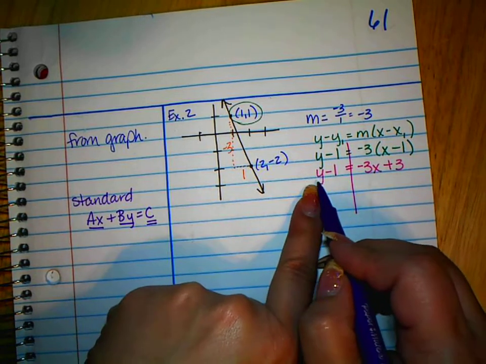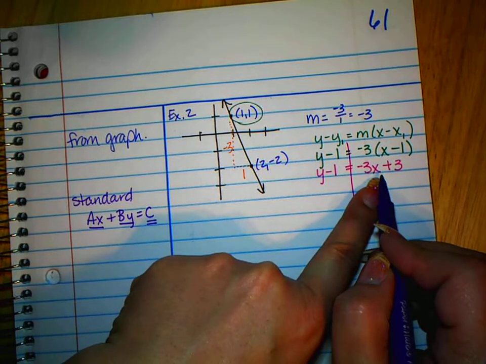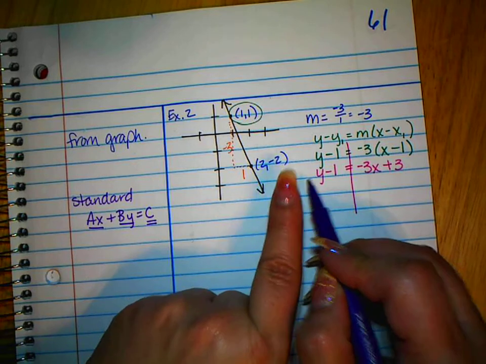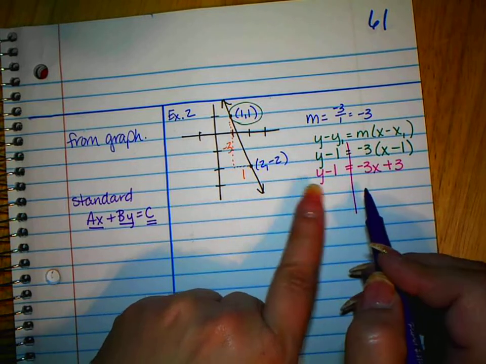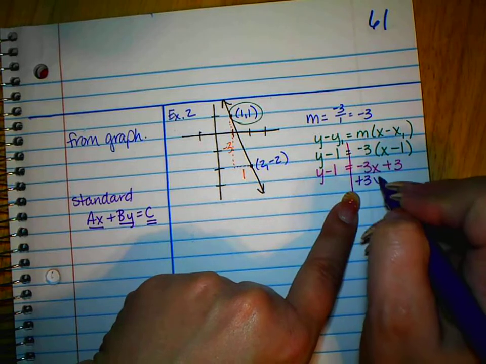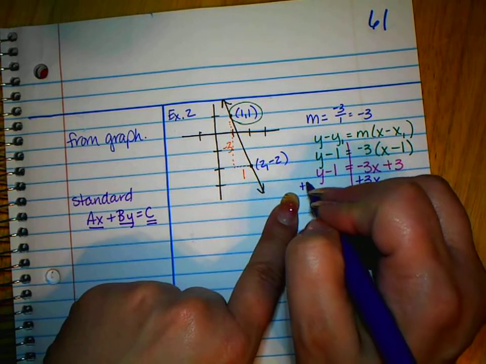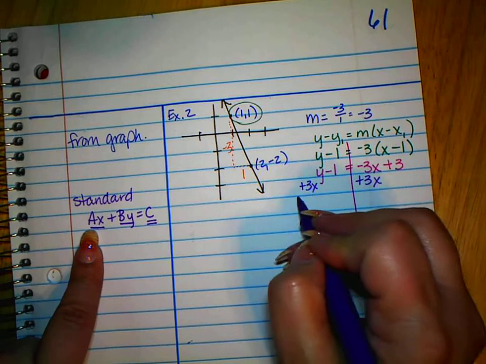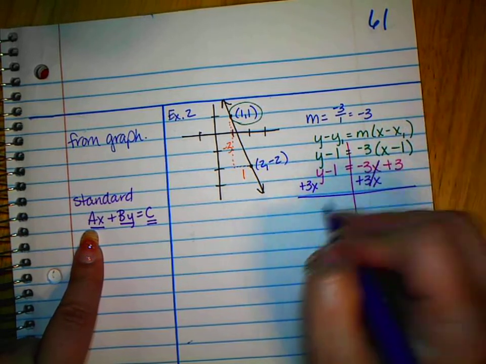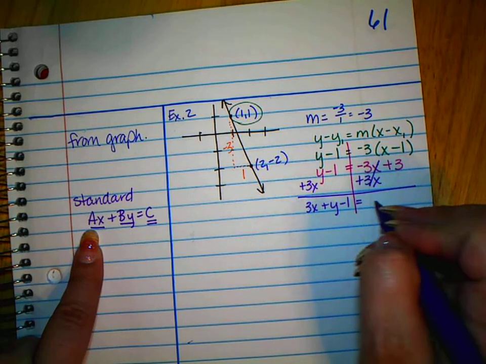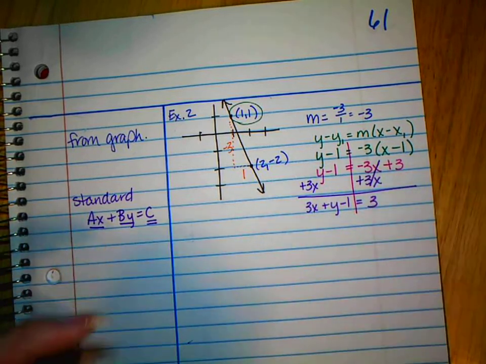So I've got y here, I've got negative 3x there. Probably move my negative 3x over here so that my x and my y are together. Also, if I move my negative 3x, I'm going to add it, which means it will be positive. And remember, my a has to be positive. So that goes away. I have 3x plus y minus 1 equals 3.